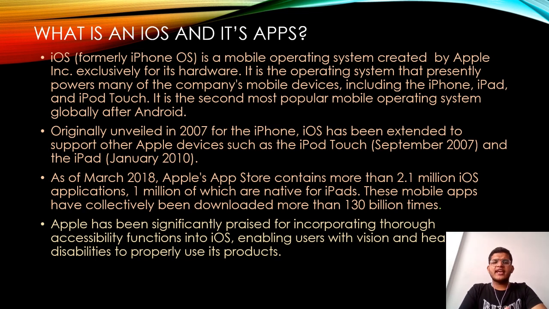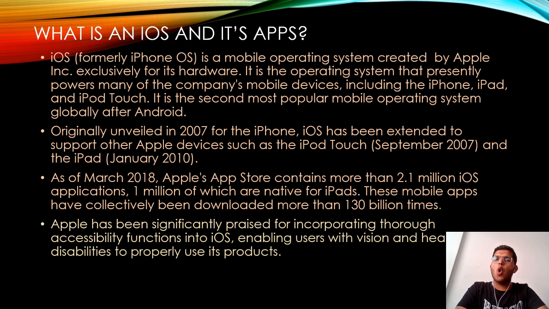Now, what is iOS and its app? iOS is a mobile operating system which has been created and designed for and by Apple Incorporated. It's an operating system that presently powers all of the Apple products, including iPhone, iPad and iPod Touch.